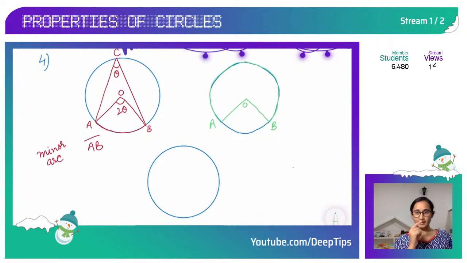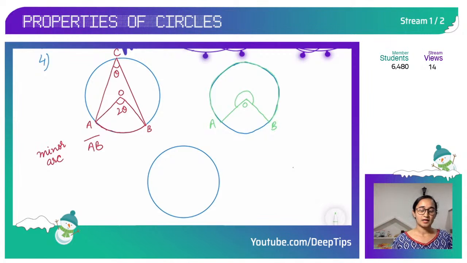If I mark the angle the same way, like how I did 2 theta in my minor arc, then there will be no difference, right? And this is my major arc. So here I will take a reflex angle. This is the angle that is subtended by the major arc at the center. A major arc will subtend a bigger angle, a reflex angle, at the center.